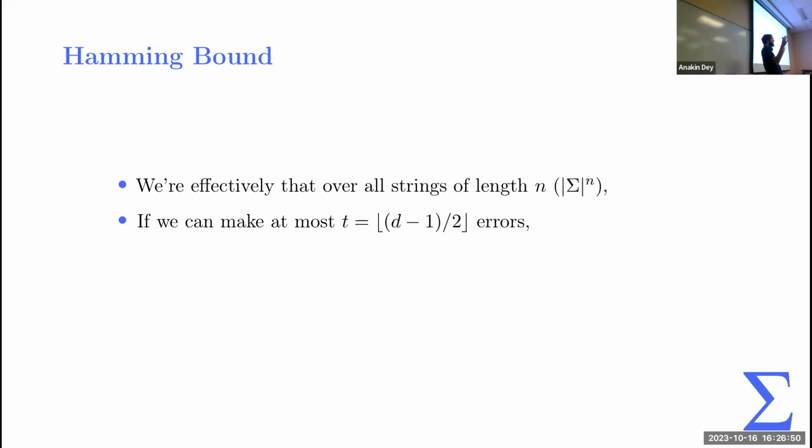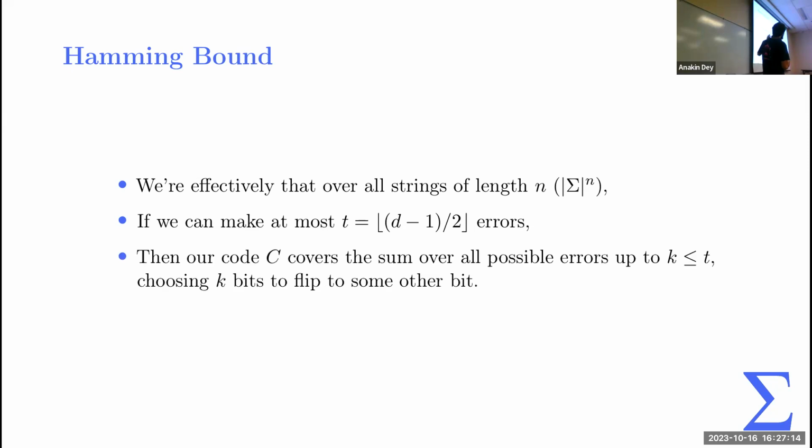If you are able to cover enough Hamming distance, then some fraction of that you're able to correct. Once you know how many flips it takes to go somewhere, you know which direction you came from. That's kind of the idea that it's going for. So we can make at most d minus 1 divided by 2 errors.